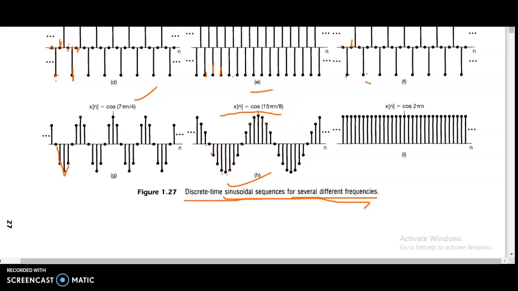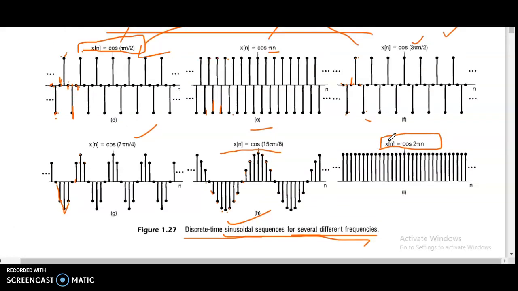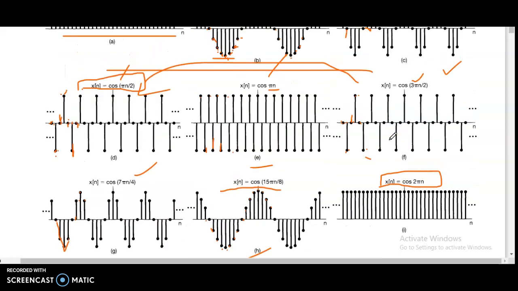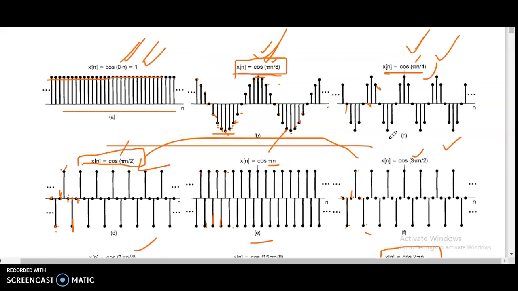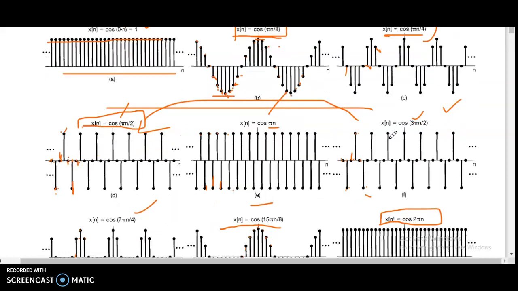Same. Here x of n equal to cos 2 pi n. What is the difference between here and here? Here x of n equal to cos pi n.